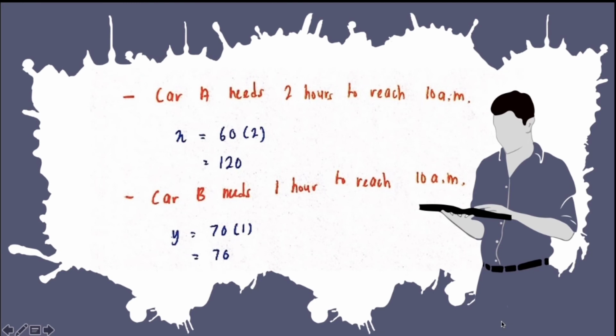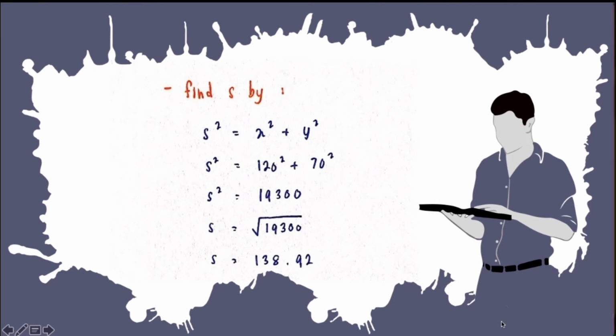We find s by using the same Pythagoras theorem. s squared equals x squared plus y squared. s squared equals 120 squared plus 70 squared, which is equivalent to 19,300 square kilometers.